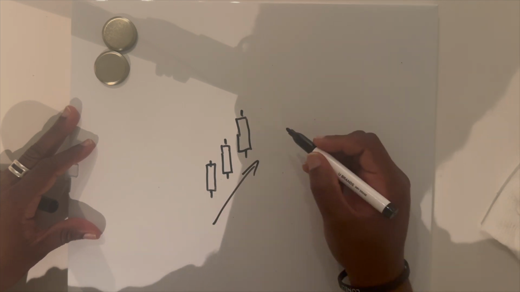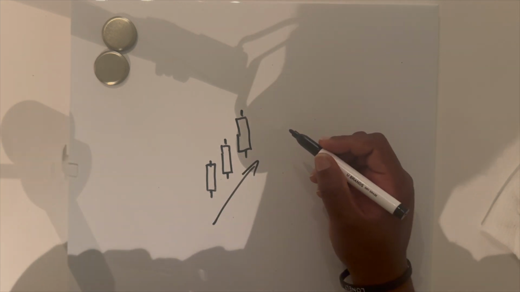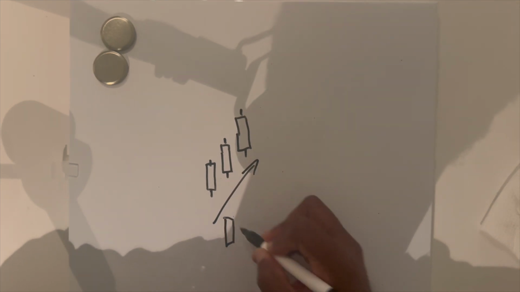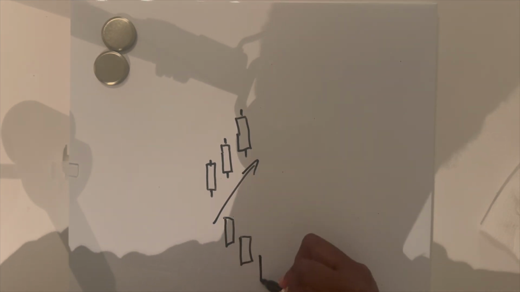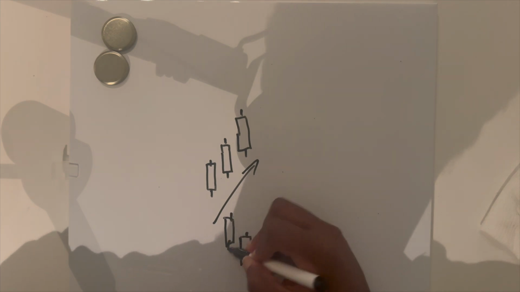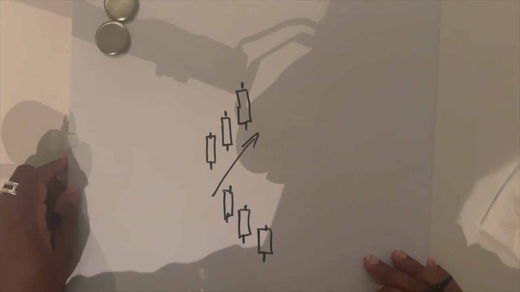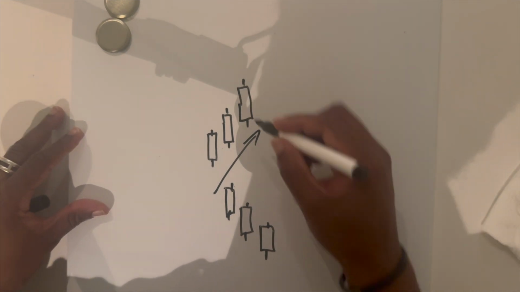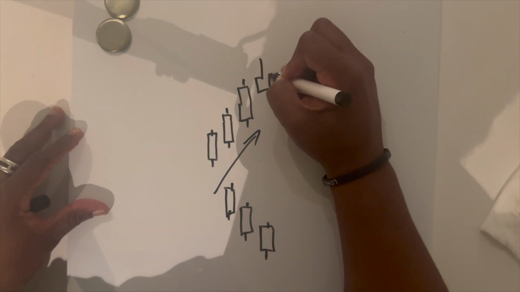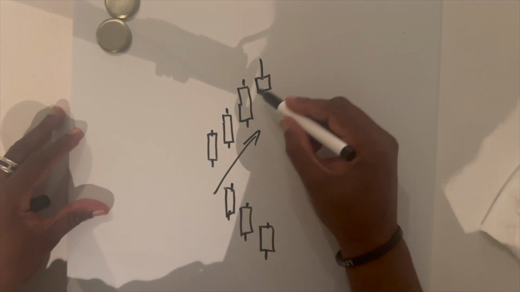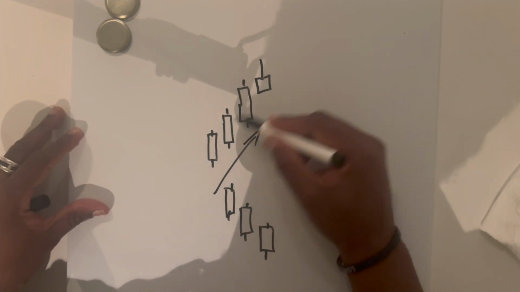That's an uptrend. So what I typically like to do at the end of an uptrend or a downtrend is I like to wait for it to reverse. So if we get a reversal signal, like an inverted hammer, this is showing that the momentum is stopping.